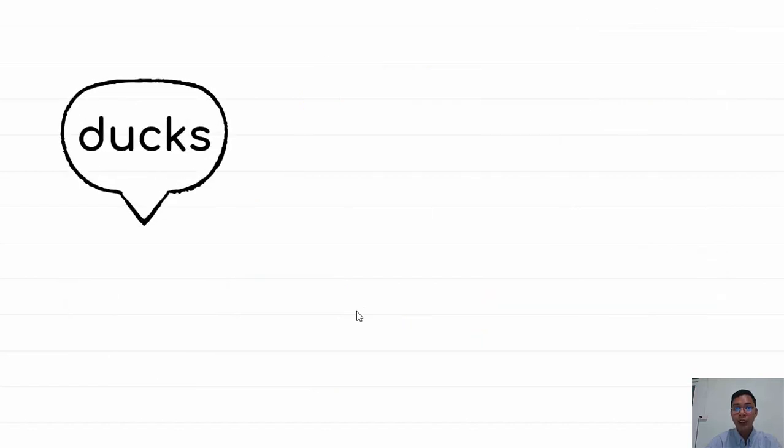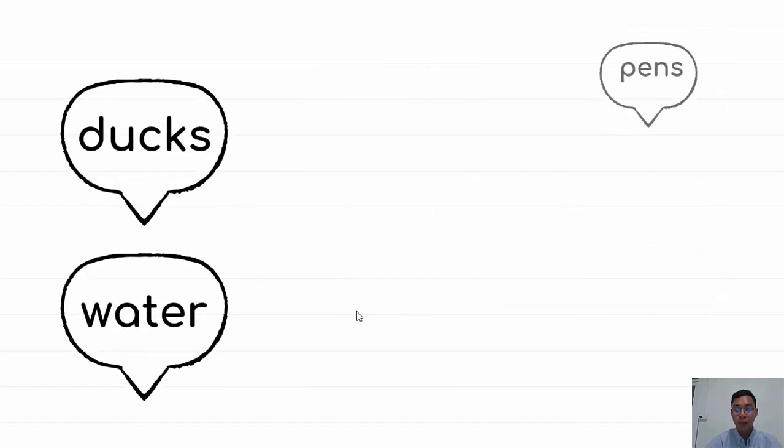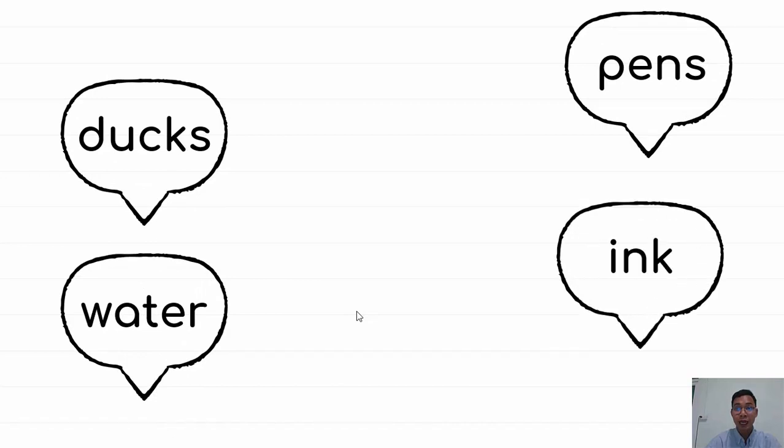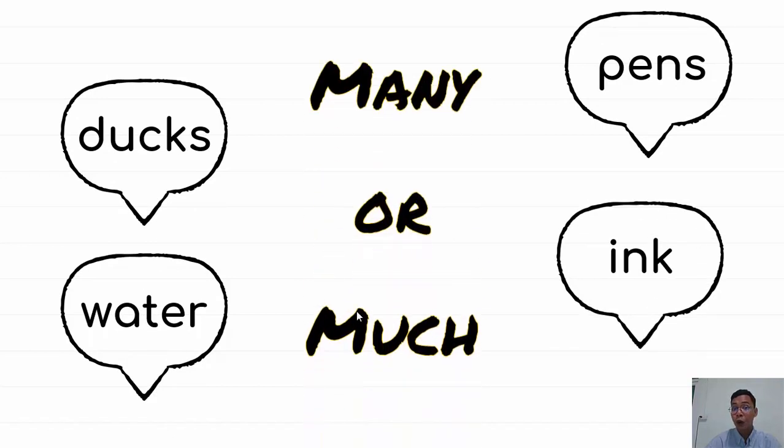Next one, ducks, water, pens, and ink. So when do we use many or much? Many with ducks because duck is a countable noun and it's in plural form. Pens, we use many.